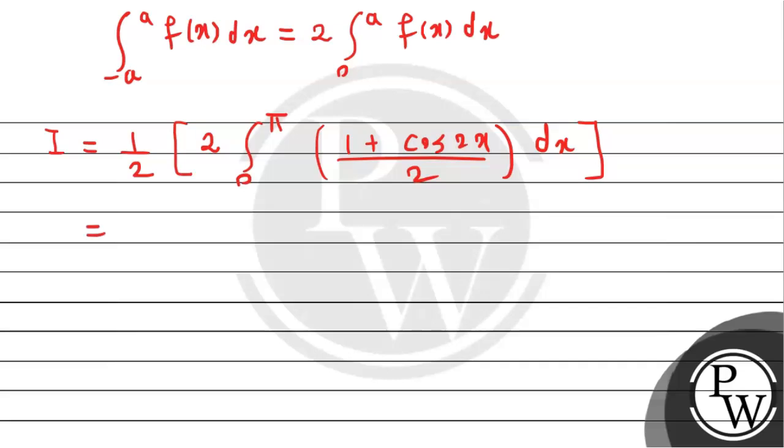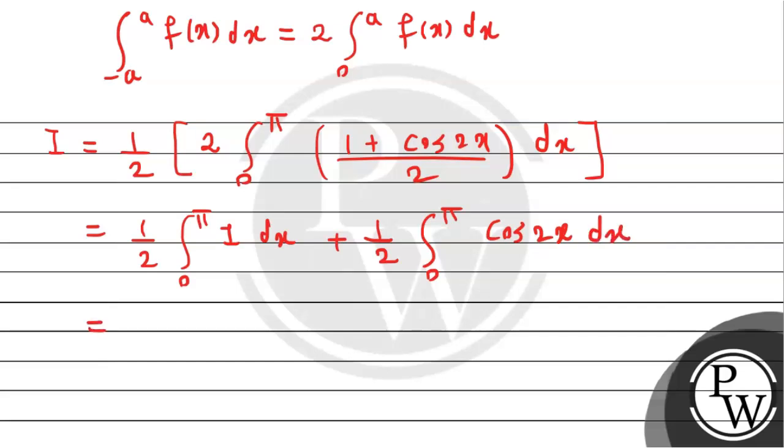So here 2 and 2 cancel. Now we can just separate the integration. So 1 by 2 will be taken as common: integration 0 to pi of 1 dx plus 1 by 2 common, integration 0 to pi of cosine of 2x dx.